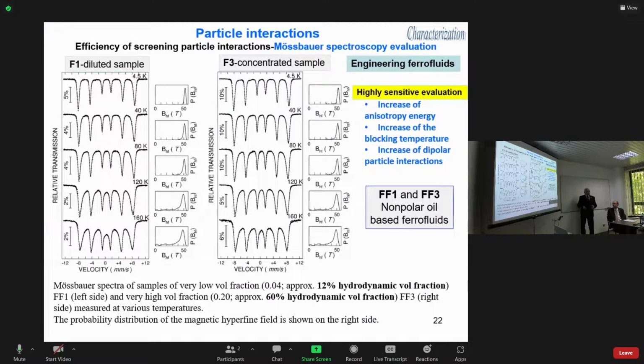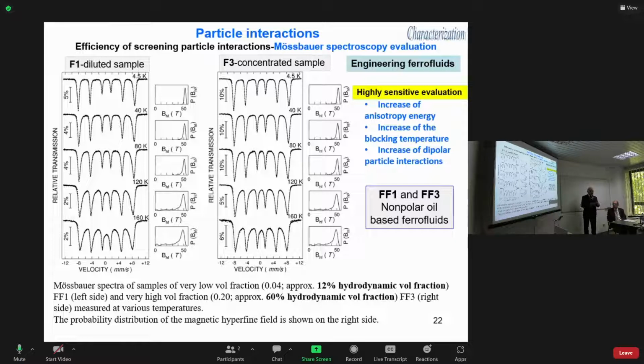So, a little bit more fine analysis of the interactions is due to Mössbauer spectroscopy, which was done by our colleague Kuncser Victor in Bucharest. And what does it show? I selected two samples, a very diluted one and a very concentrated one.